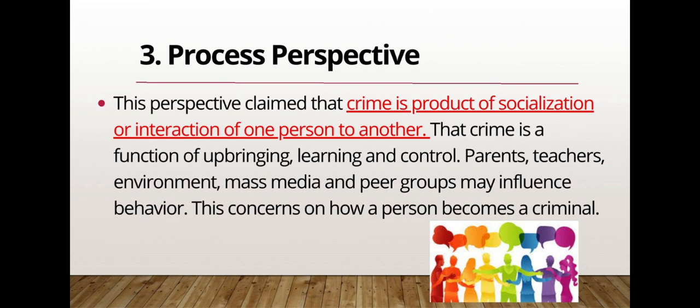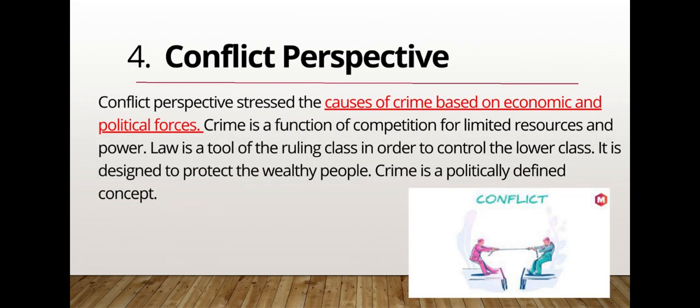For example, si Pedro. Si Pedro is meron siyang mga kaibigan. Kaibigan na gang member. Ngayon, sa kasasama niya sa mga kaibigan niya, nahikayat or na-impluensyahan siya na magkaroon din ng criminal behavior. Crime is a product of socialization, pakikisalamuha sa ibang tao.